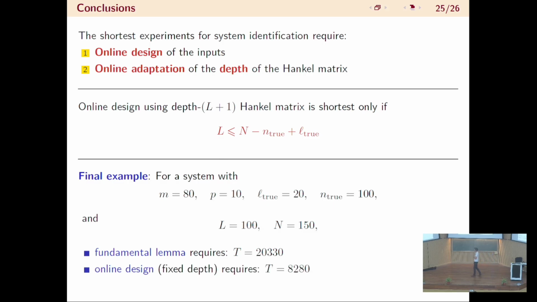The online design with a fixed depth Hankel matrix requires more than 8,000. And the shortest one only requires 5,850. So you see that the improvement, especially with respect to the fundamental lemma, is large. Okay.